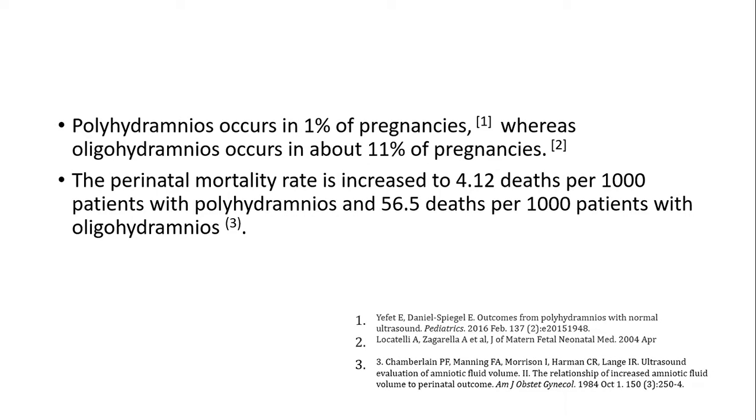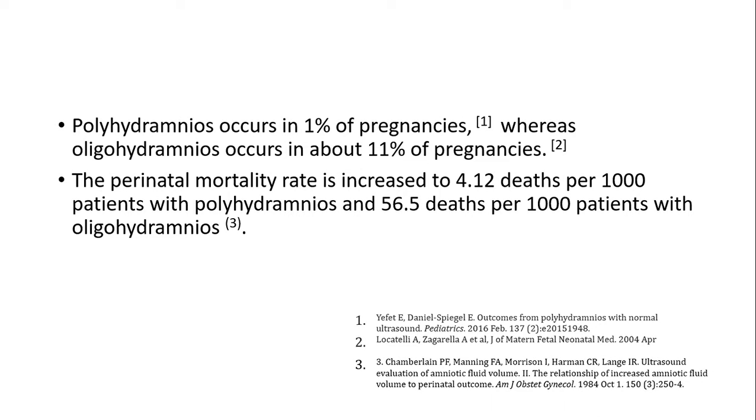But polyhydramnios itself occurs in not a lot of pregnancies, only about 1%. On the other hand, its counterpart, oligohydramnios, occurs in about 11% of pregnancies. So we need to keep in mind that oligohydramnios you can find more often than polyhydramnios.